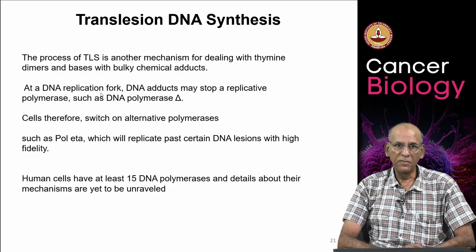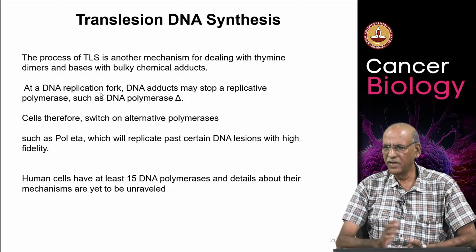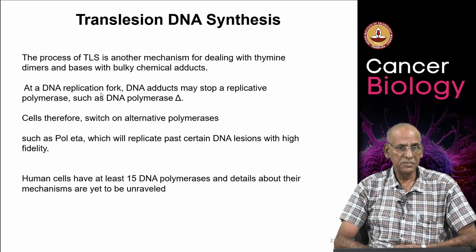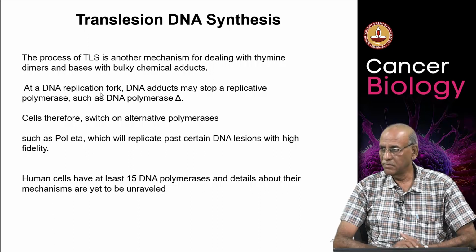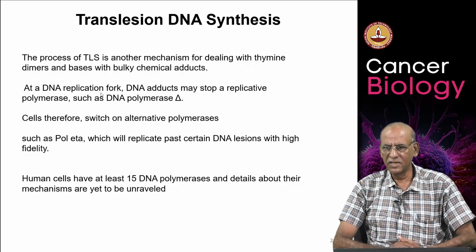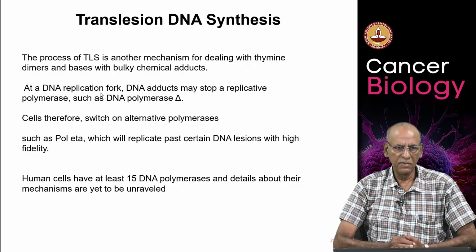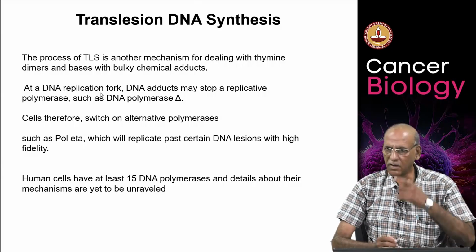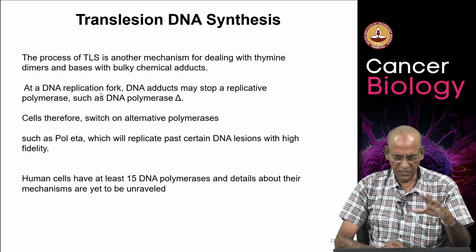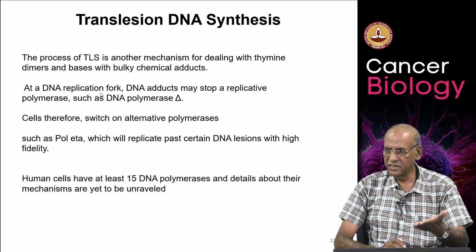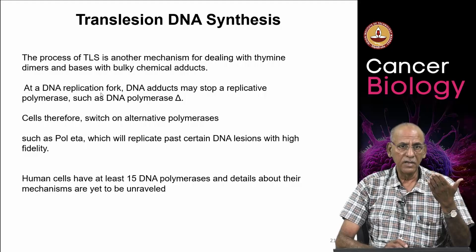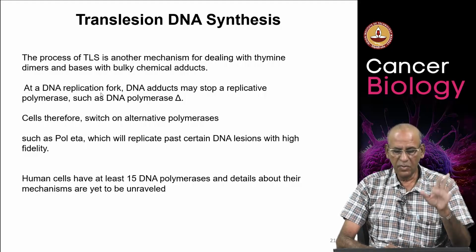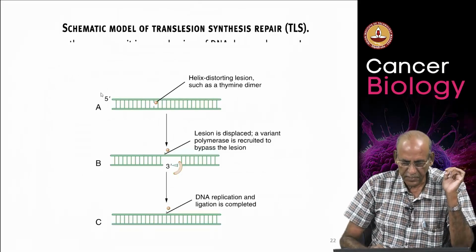The problem with polymerases is that there are about 15 DNA polymerases, but detailed mechanisms we are not very clear about. We have several polymerases, we do not know each one of them in a very clear way. Detailed mechanisms are not known. Of course, the usual one is DNA polymerase delta or whatever. Here, for translesion DNA synthesis, pol eta will be utilized.